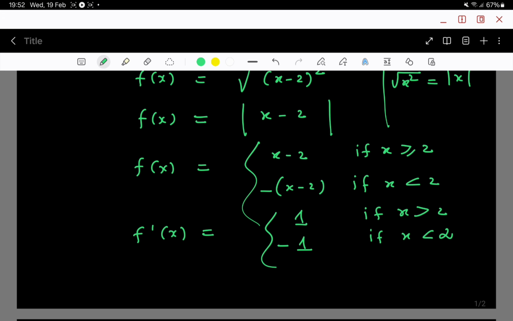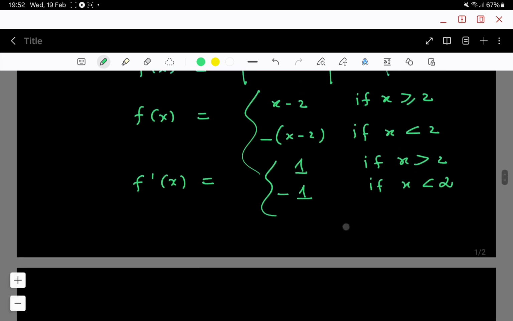What happened for x is equal to 2? At x is equal to 2, the function is not differentiable because left hand derivative and right hand derivative at x is equal to 2 is not same. Okay. So note that.